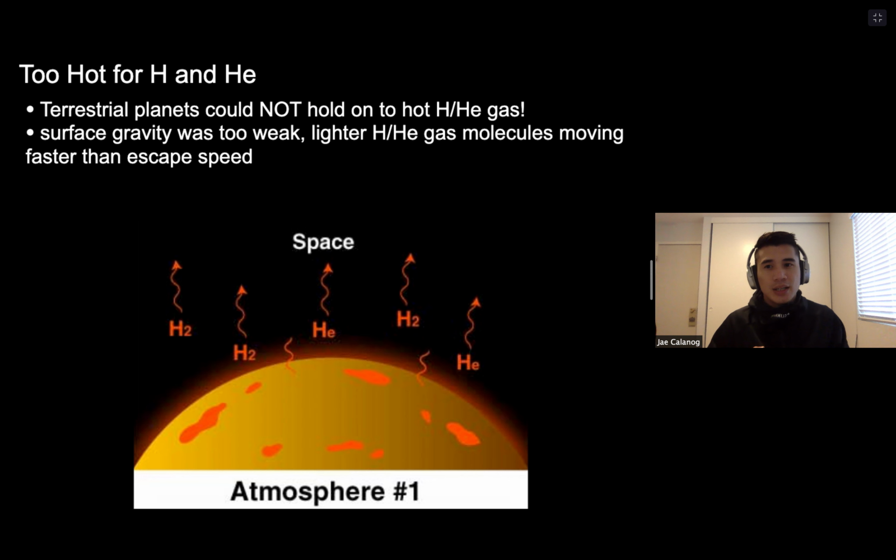So therefore, none of the terrestrial planets were able to hold on to their first atmosphere. If you think about Mercury and Mars, they barely, if any, have an atmosphere, because they were not able to hold on to this early atmosphere.